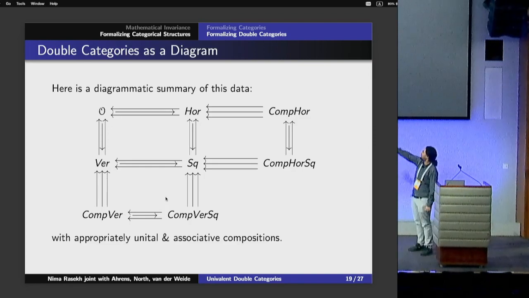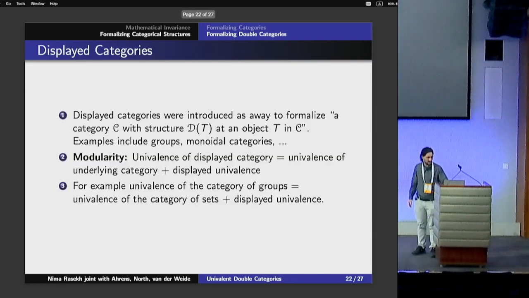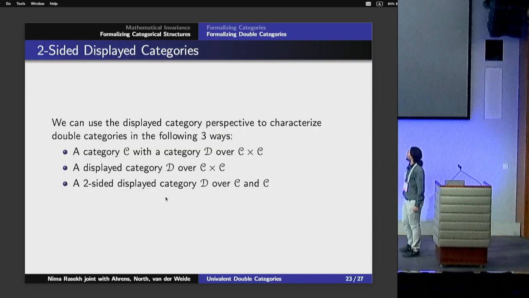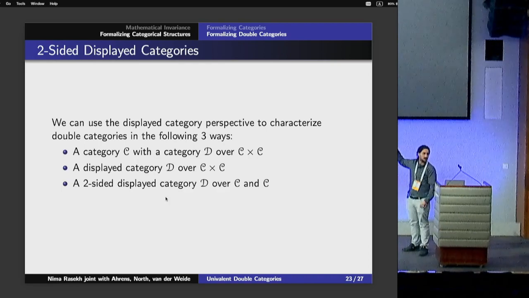And now the rest of this seems to be some structure on top of this category. So what we want to do is define this notion of two-sided displayed category, where we have one category given by objects and vertical morphisms, and then we have this additional structure of a category coming on top of this, that depends on two copies of the category, essentially.